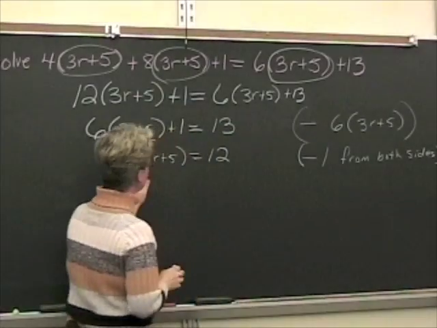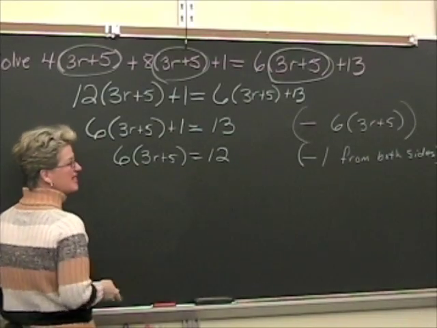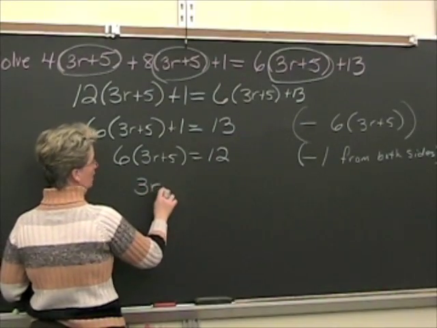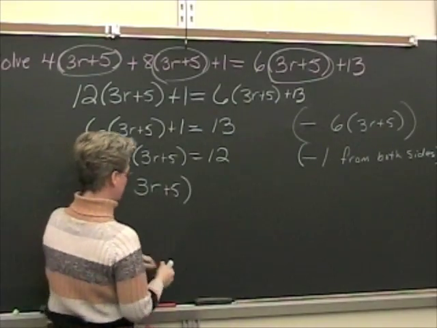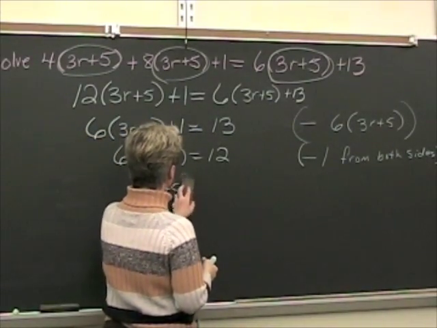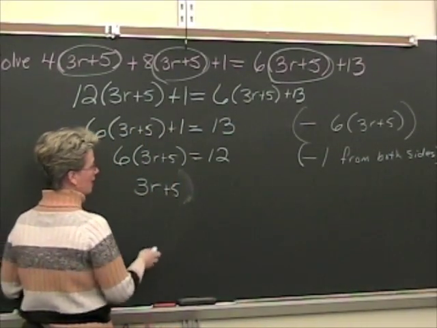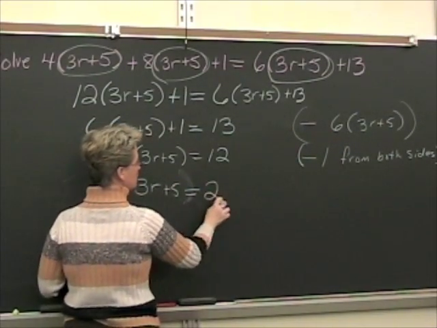All right, now the next thing I have to do is divide through on both sides by 6. And when I do that, I will be left with quantity 3r plus 5. But since nothing's going on, I don't really need that parenthesis, since nothing else is going on outside of that quantity. All right, now dividing the 12 by 6, I will get 2.